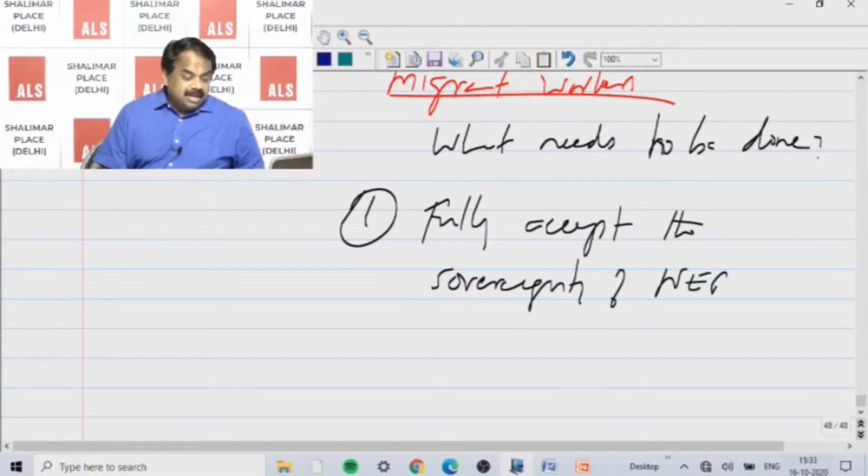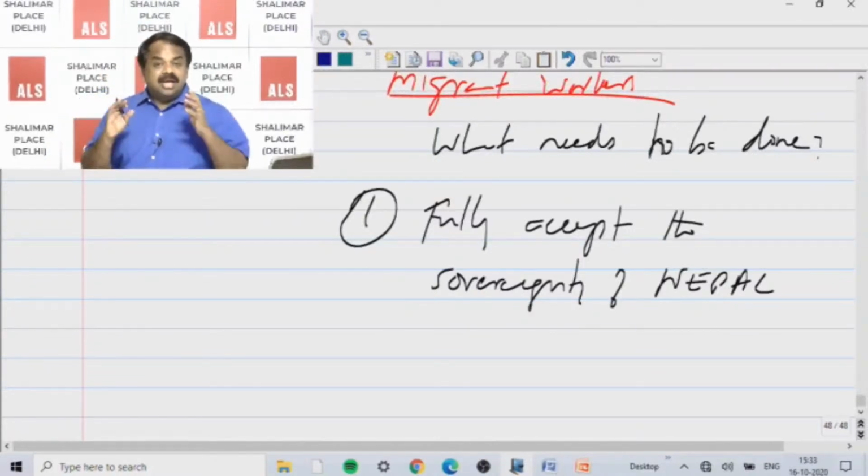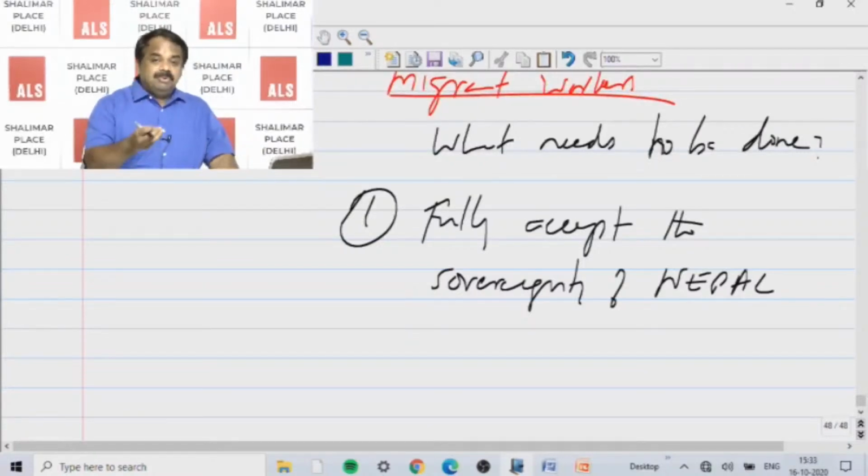See, I am not saying that we are not aware, we know. The mindset is such that we are not able to believe in that. And we should accept the concept of nation state. However small Nepal is, even Bhutan, even the Maldives, which may be only like a small township in Delhi, we should accept it as a foreign country.